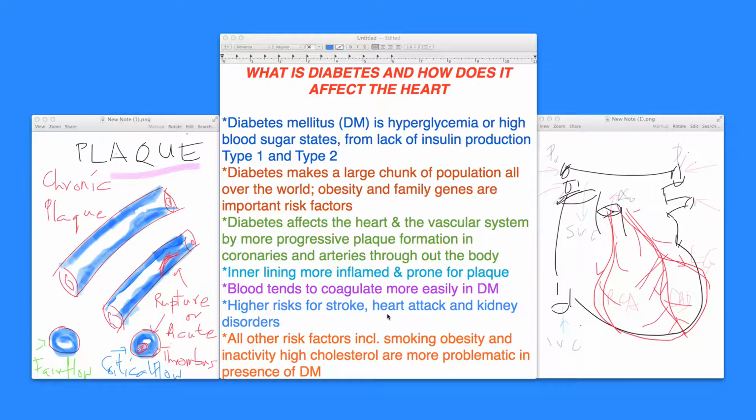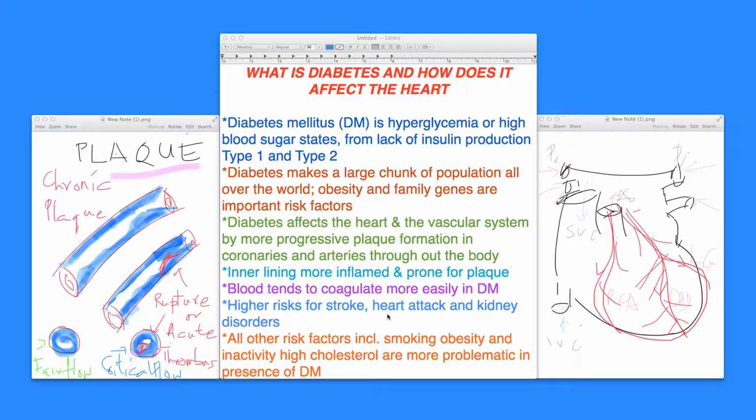Now, normally when a patient is having a heart attack and is not a diabetic, the classic symptoms, as we have already discussed in the other video presentations, are chest pain, pressure, tightness in the center of the chest, radiating down the left arm, accompanied by shortness of breath, nausea, vomiting, and sometimes extreme sweating and dizziness.